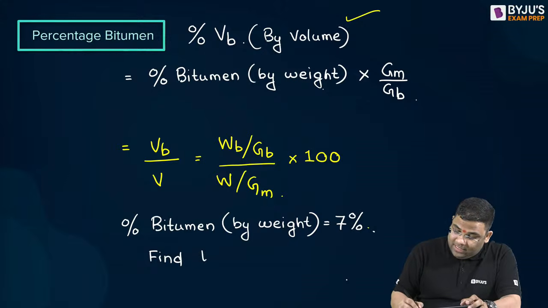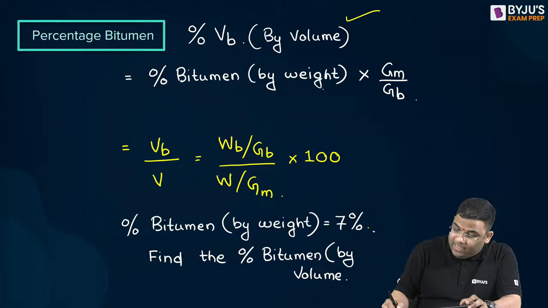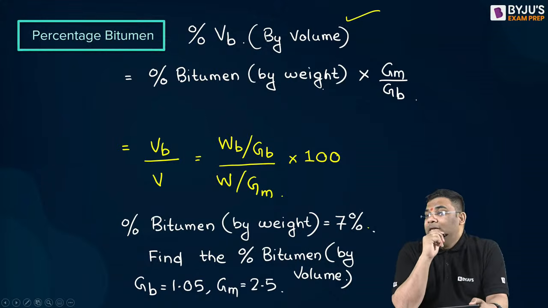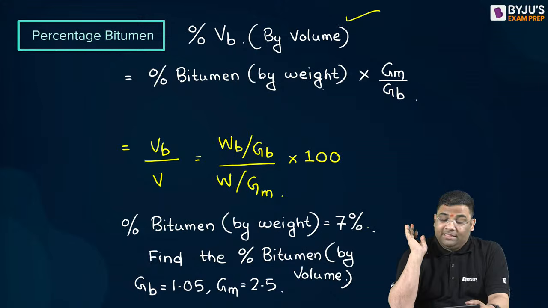Find the percentage bitumen by volume, and the data is given: GB is equal to 1.05 and GM is equal to 2.5. So find out this answer. Very simple question they will ask like this, right?